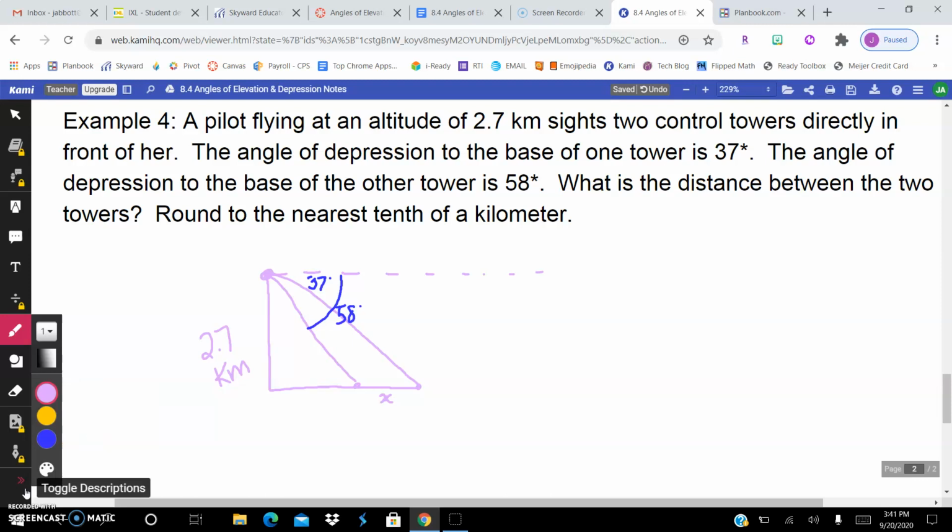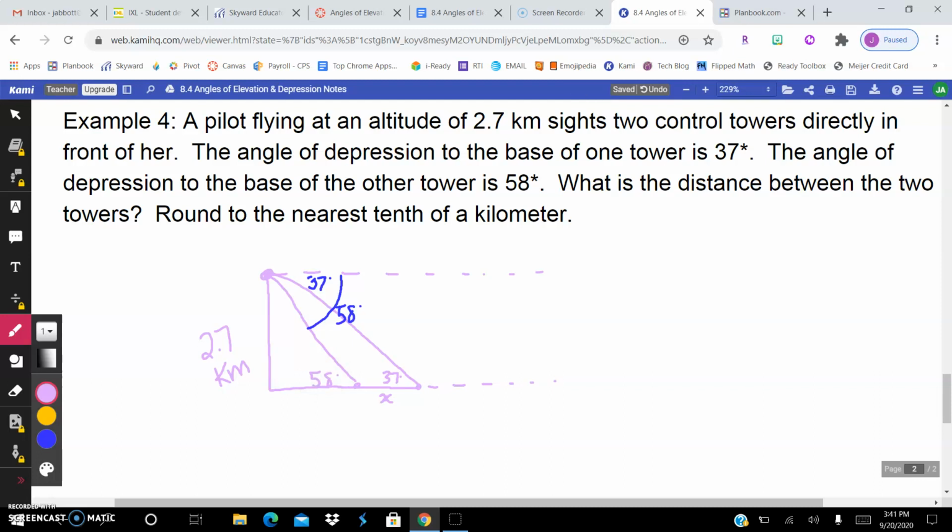So what we know is alternate interior angles. If I extended this out a little bit, this angle up here at the top is 37 degrees, so this angle here at the bottom would be 37 degrees. And then this larger angle is 58 degrees, so this angle would be 58 degrees.